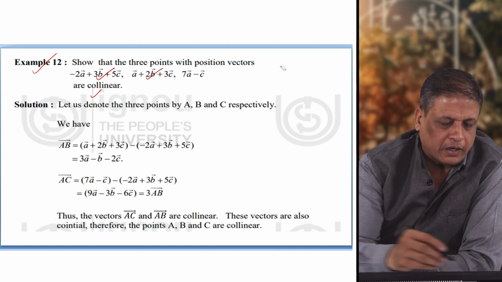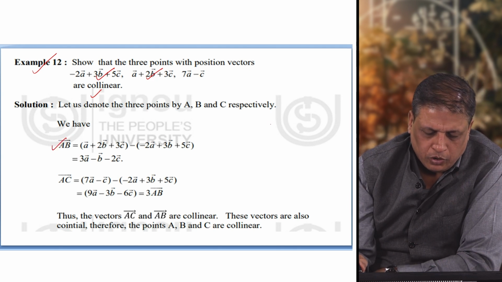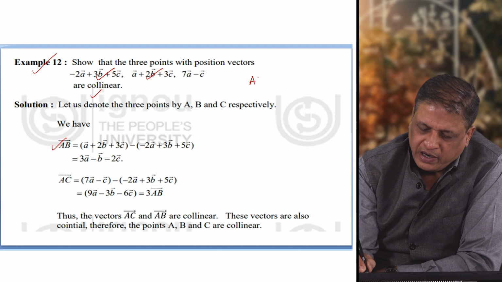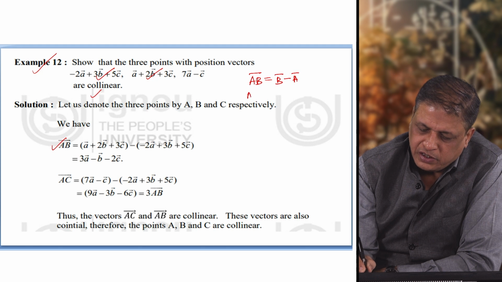Then we can calculate vector AB. AB is equal to b minus a. Always remember, vector AB is equal to b vector minus a vector, or you can say that AC vector is equal to C vector minus A vector.